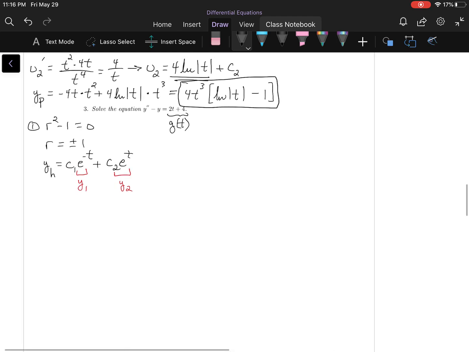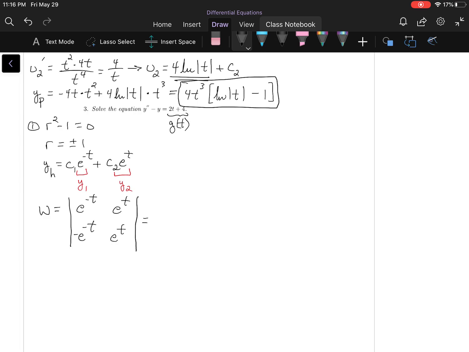Now I need our Wronskian. We have e to the negative t and e to the t again as our two solutions to the homogeneous equation. That means that the derivatives are negative e to the negative t and e to the t.